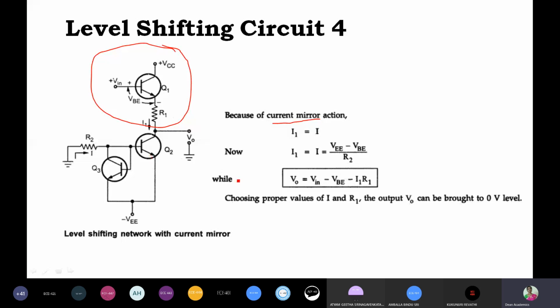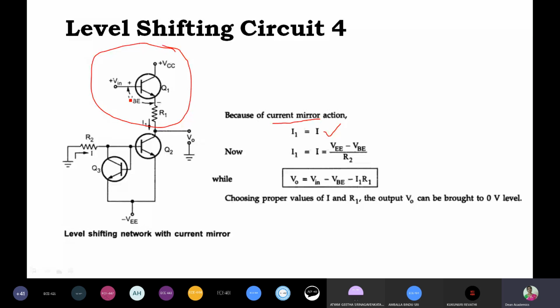Now if you observe this fourth circuit, you see current mirror action. I1 is equal to I. This is I1 and this is I, both are the same. Now let us try to express what this I1 or I is.